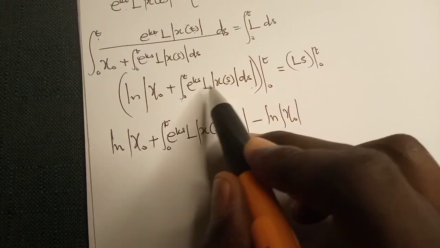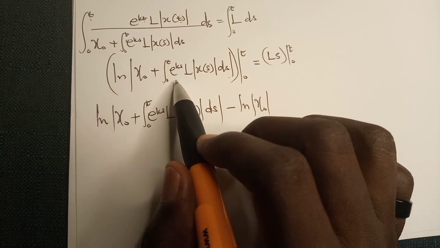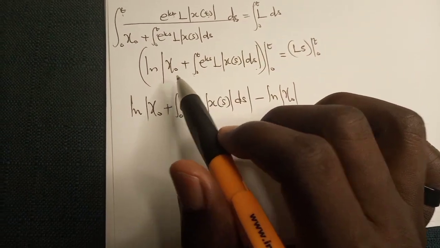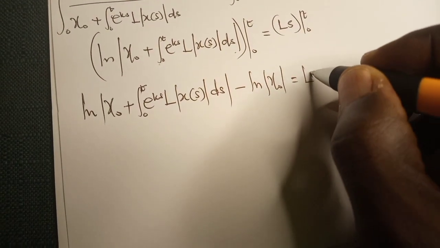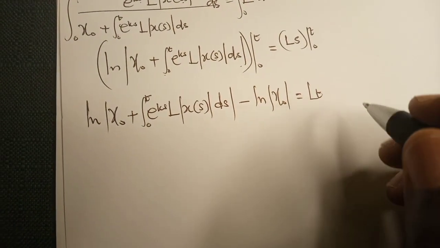When we put 0, everything here becomes 0, leaving the constant, so it equals lt minus 0.